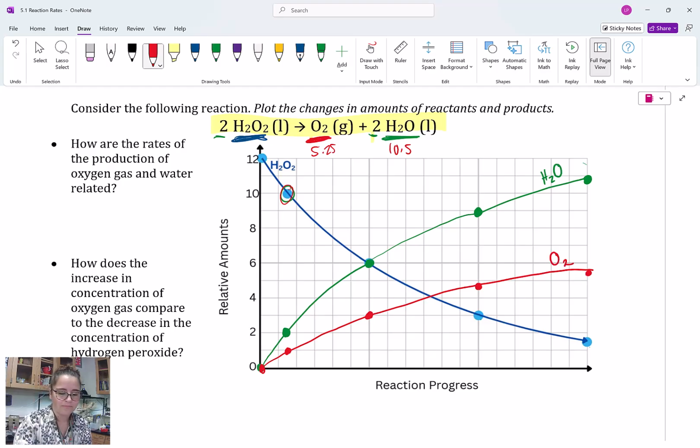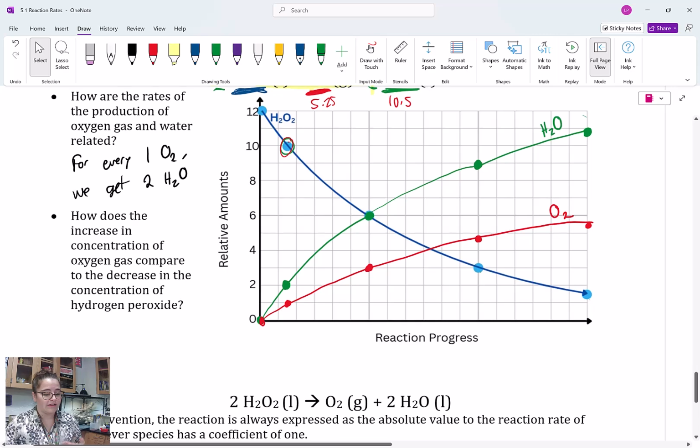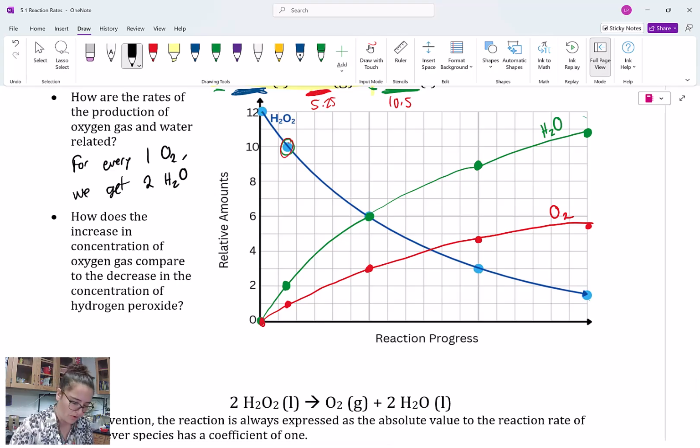Okay. So how are the rates of oxygen gas and water related? For every 1 O2, we get 2 H2O. Okay. We get twice as many waters for every 1 oxygen. Okay. Now, how does the increase in oxygen gas compare to the decrease in the concentration of hydrogen peroxide?